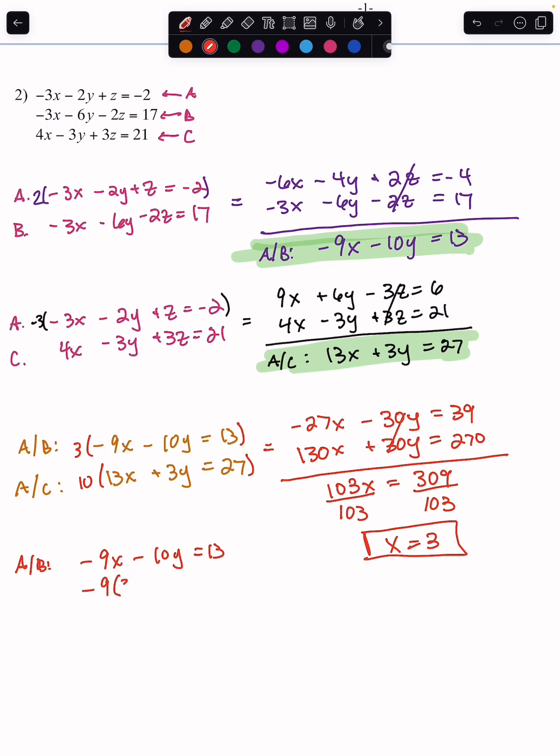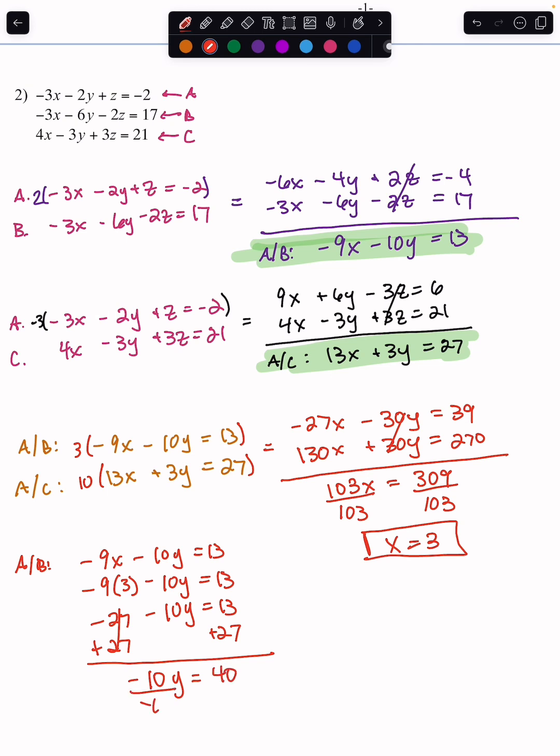Okay, and then negative 9 times 3 is negative 27 minus 10y equals 13. I'm going to add 27 to both sides. Negative 10y is equal to 40. Divide both sides by negative 10. And you'll get that y is equal to negative 4.